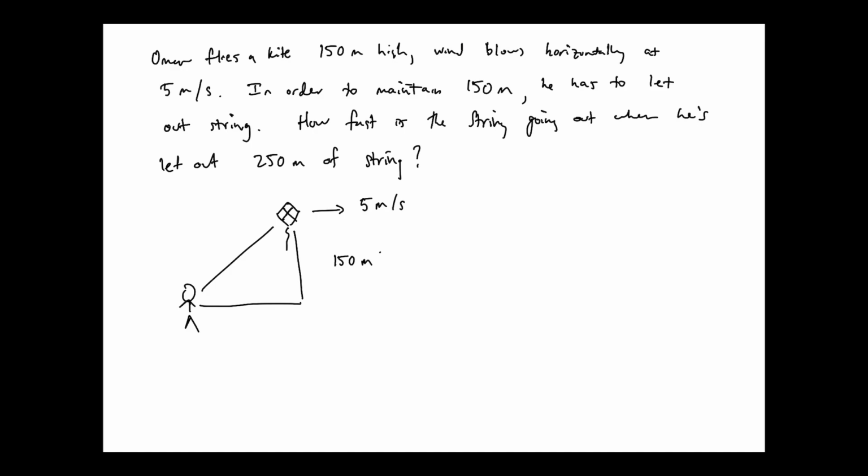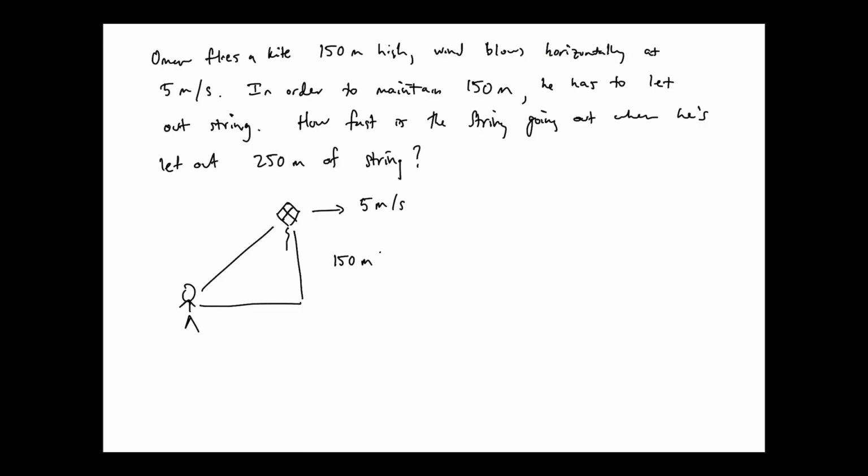Because as the wind blows it away from him, he's going to have to let out string, right, in order for it to keep a constant altitude. Okay, so the question is, at the moment when there's 250 meters of string out, how fast is the string going out? Okay. All right. So does the question make sense?